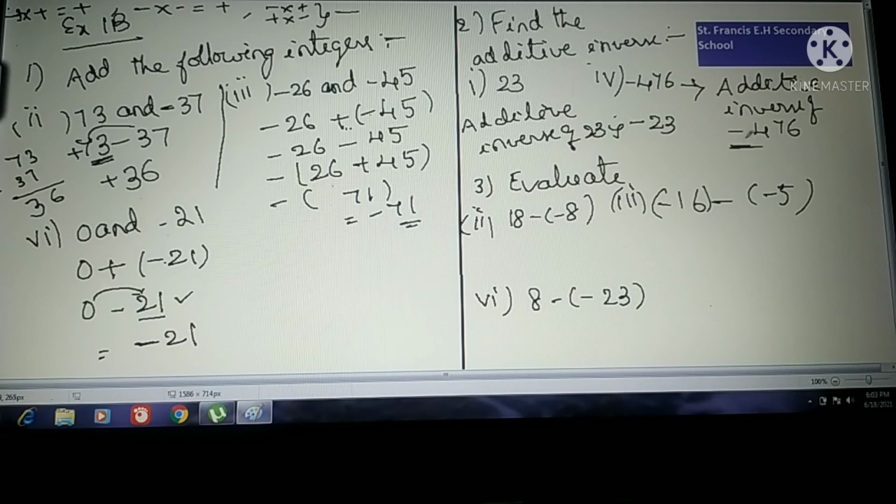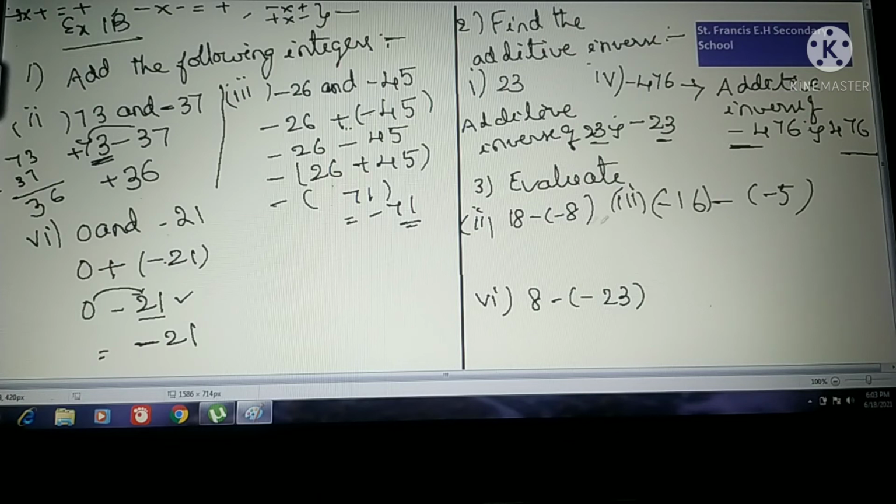Already you have here minus 476, so it is a positive number. If we have a negative number, the additive inverse of a negative number will be a positive number. The additive inverse of a positive number will be the negative of that number. Understood? Okay.